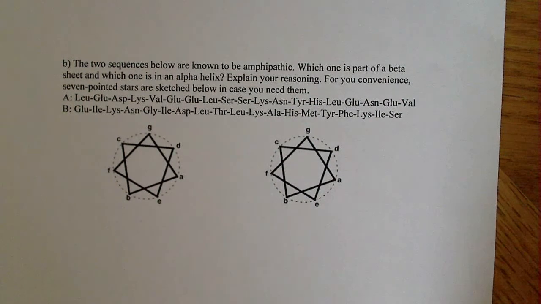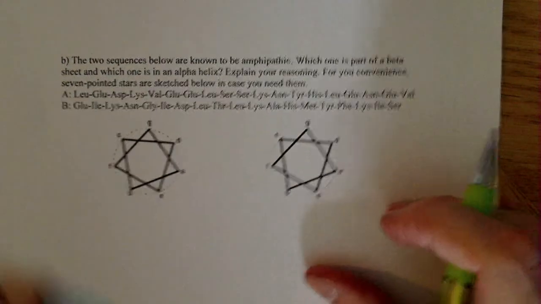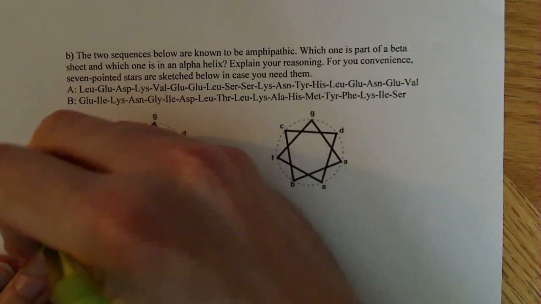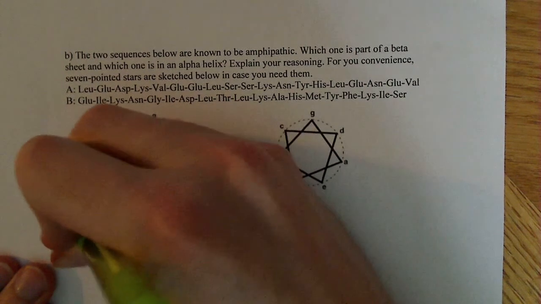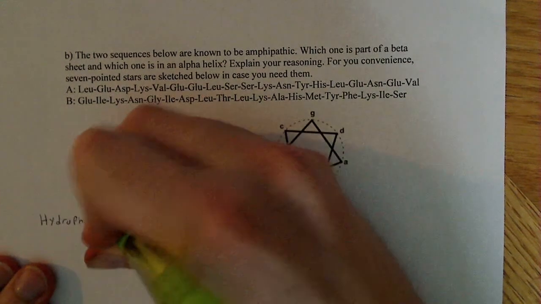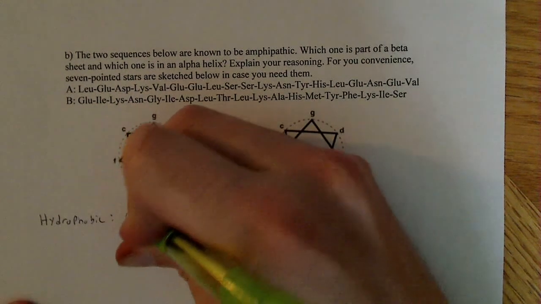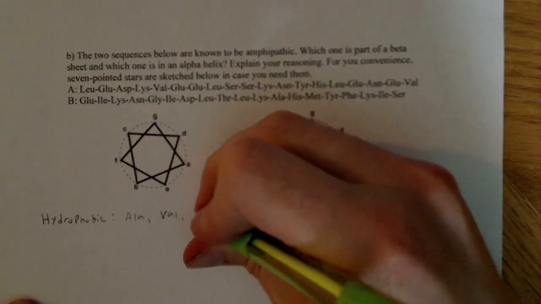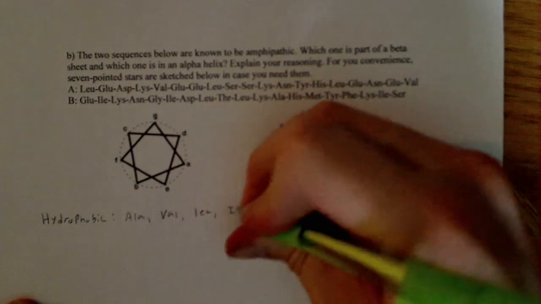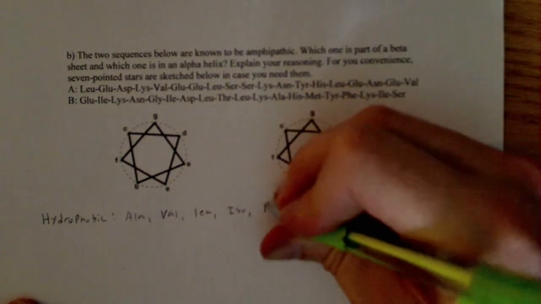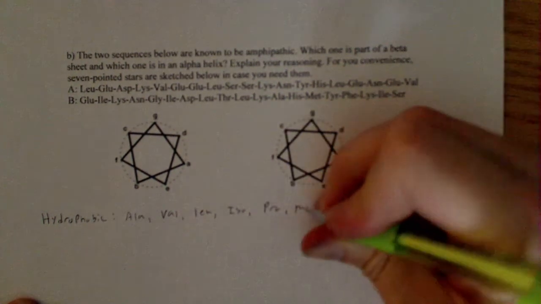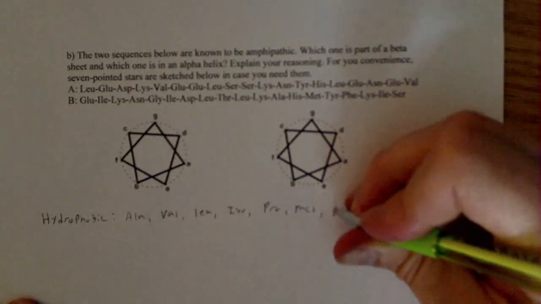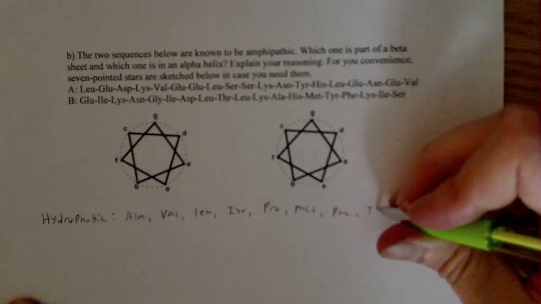So first thing I like to do here is I like to just remind myself of what the hydrophobic amino acids are. So hydrophobic, and those are alanine, valine, leucine, isoleucine, proline, methionine, phenylalanine, and tryptophan.